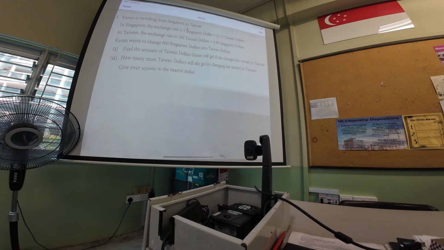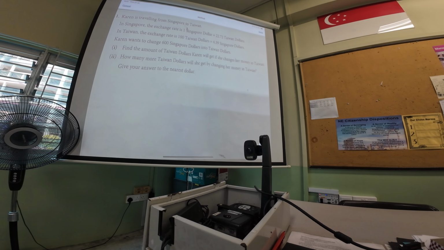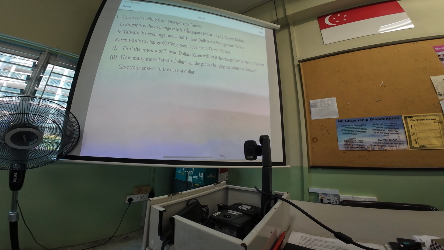When we go to Malaysia, you can change to Malaysian ringgit in Singapore. You can go into Malaysia and then change Malaysian ringgit. The exchange rate sometimes is different. Or even if you change in Singapore, different money changers may give you different rates. Then you must know which rate is better when you are changing.